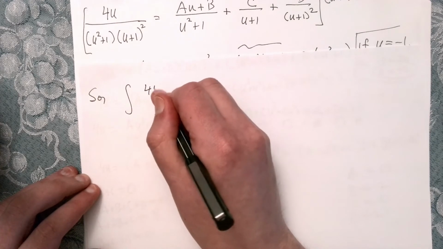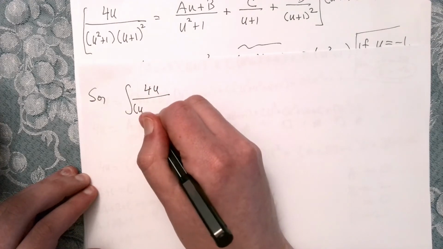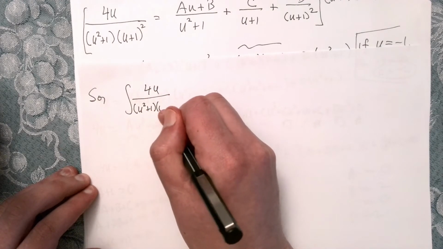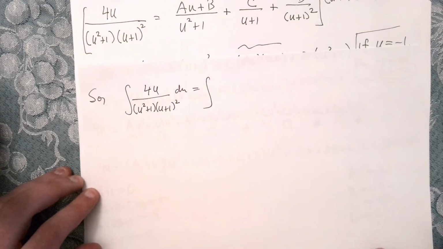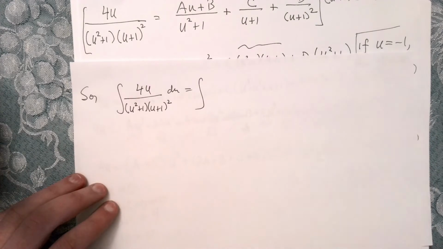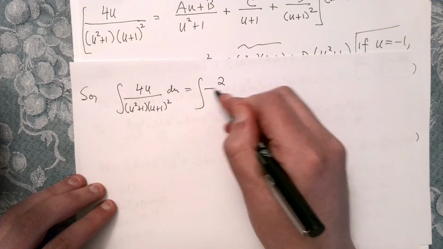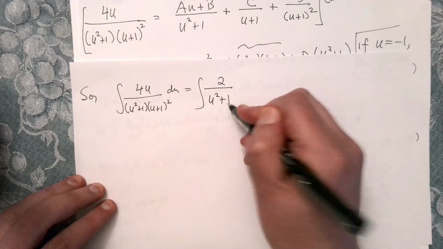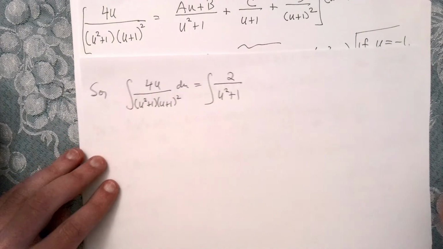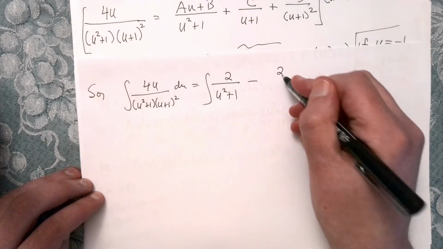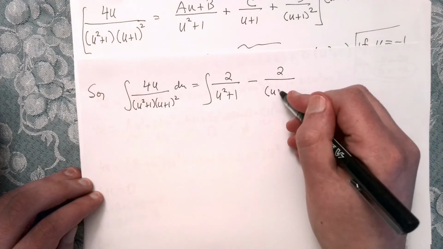So the integral of this is equal to, and again we said that a was 0, b was 2. That seems nice. C is 0, right? C is 0, and then d is minus 2. Also seems pretty nice.